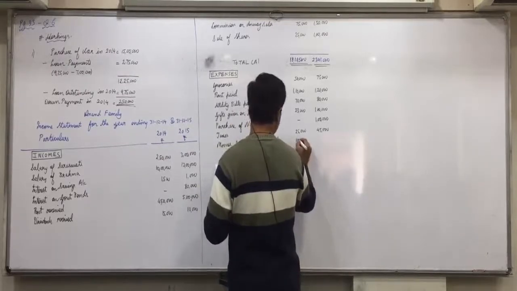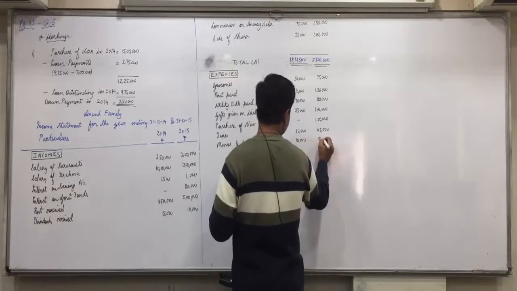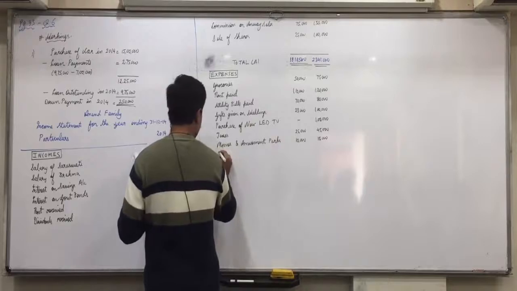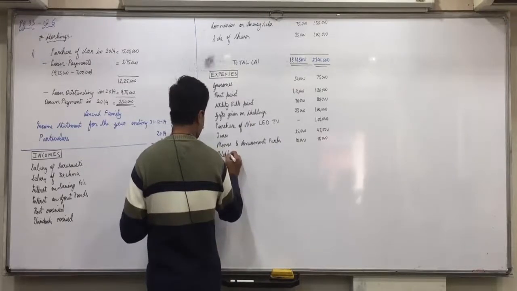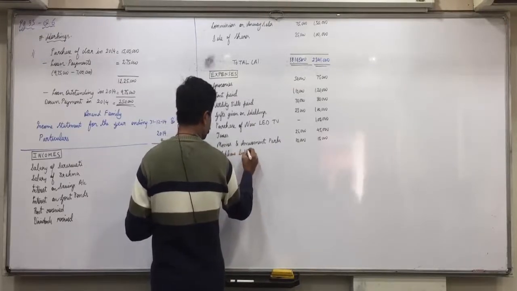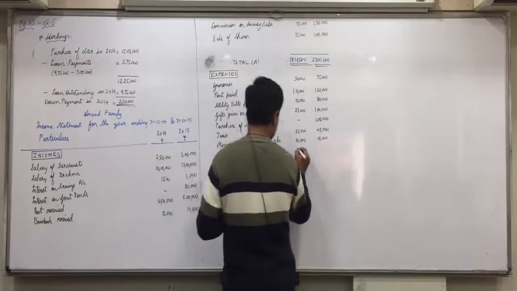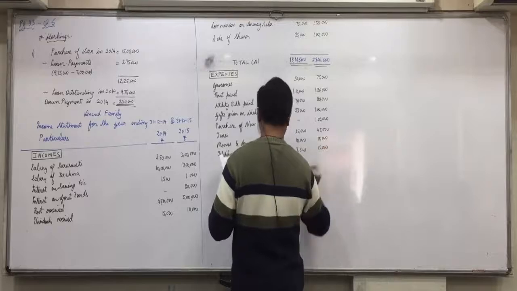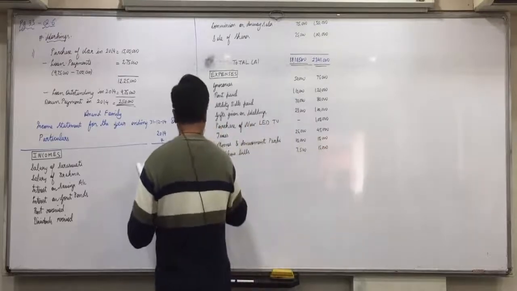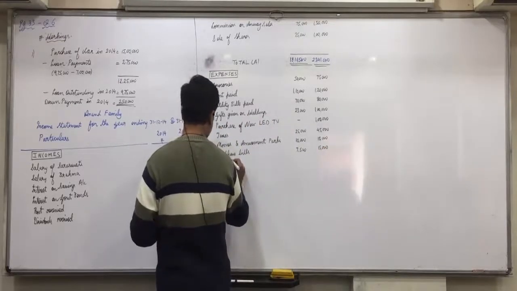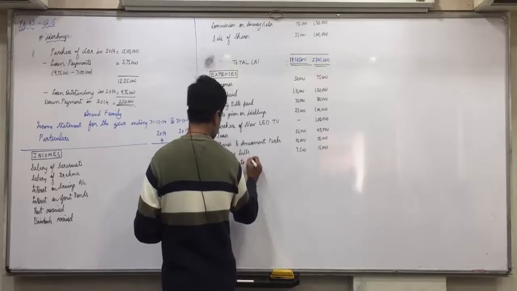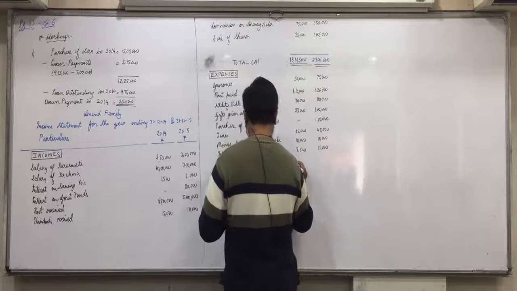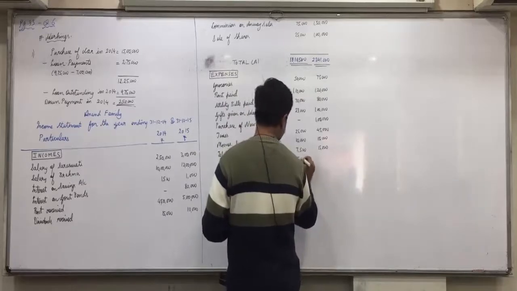Make it 15,000. 10,000 and 15,000. Telephone bills. 7,500 and 15,000. Car and auto expenditure. 45,000 and 50,000.